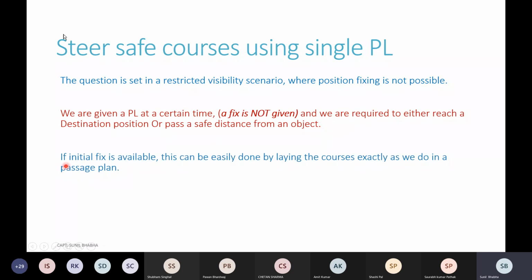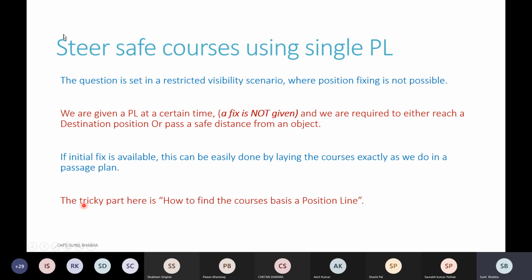Now, if an initial fix was available to us, it would be very easy to do this kind of question. Then it becomes exactly similar to what we do in a passage plan. So if an initial fix is available, this can be easily done by laying the courses exactly as we do in a passage plan.